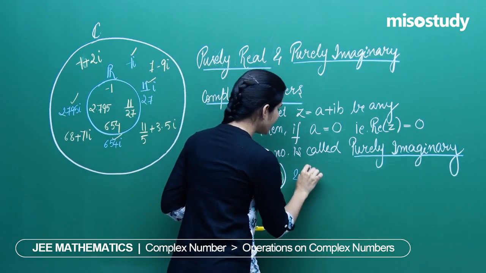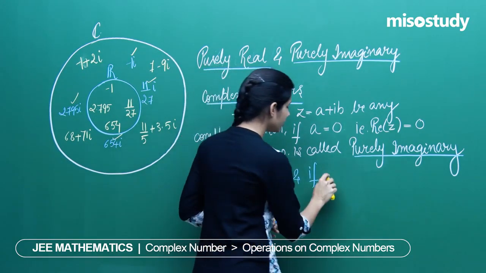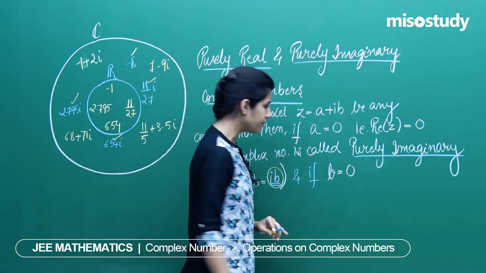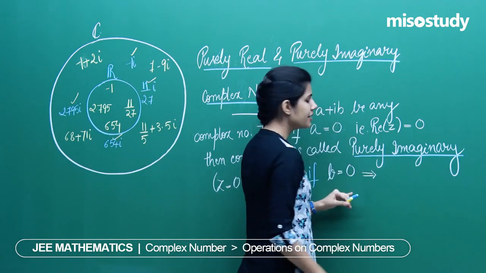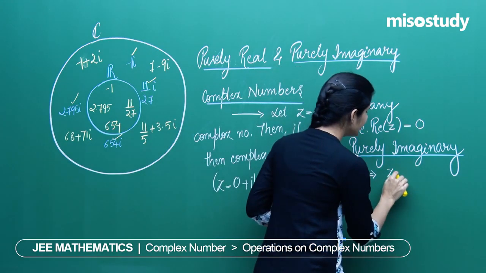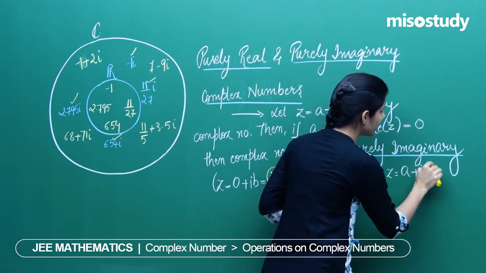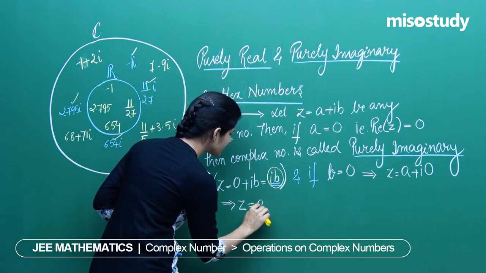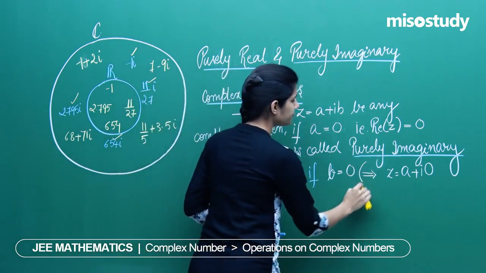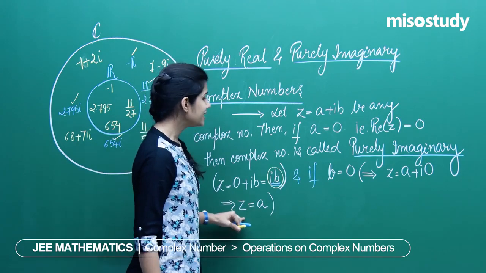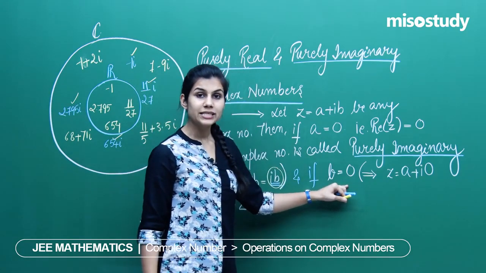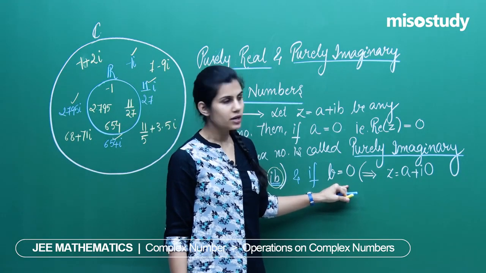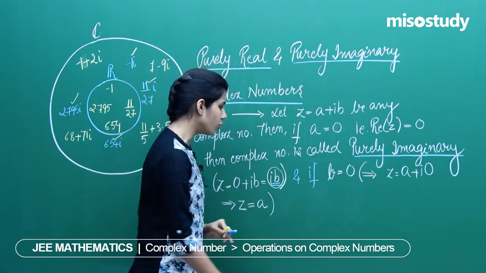And if b is equal to 0 in z equals a plus ib, this implies that z is equal to a plus iota times 0. This implies that z is just equal to a. Okay? That means if b is equal to 0, the real number which is adjoining with iota, the imaginary part of the complex number, is 0.